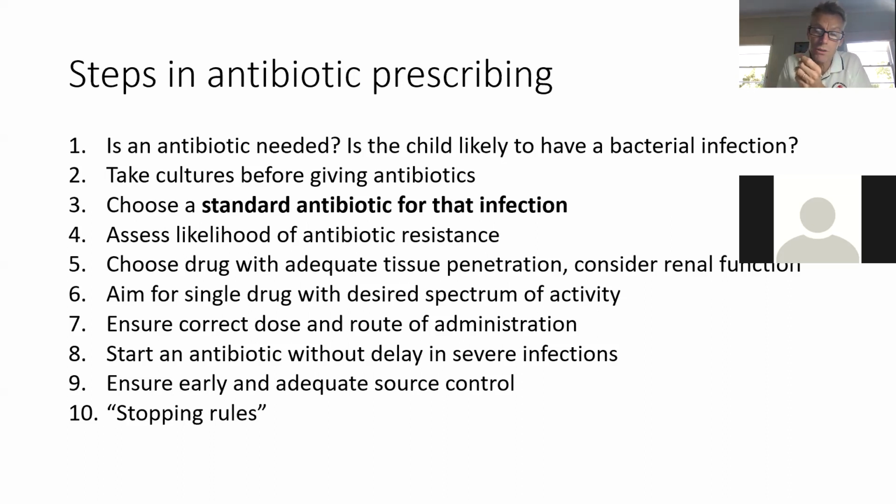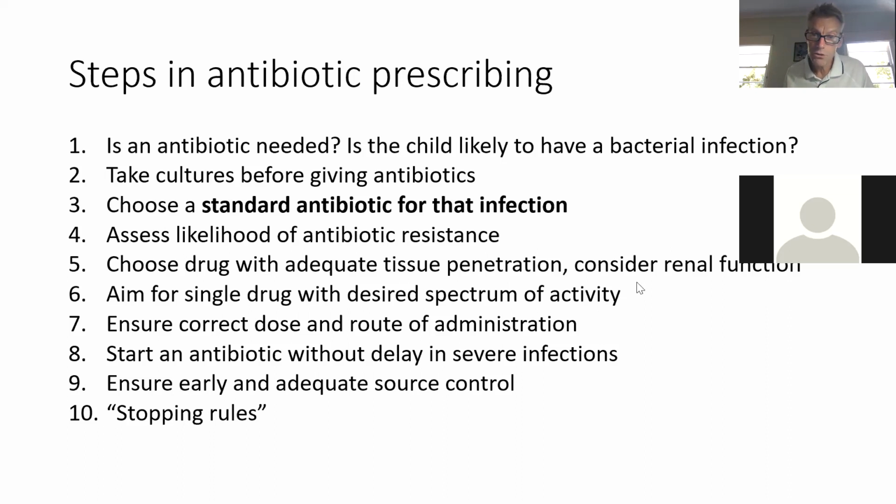Sometimes you can get a good idea of that by the risk factors for antibiotic resistance, which we'll talk about. You should choose a drug that has adequate tissue penetration. Mostly standard treatment gives us the right antibiotic to choose, but for some infections, we need to be clear that the antibiotic is going to get to the tissue where there's an infection. I'll talk a bit about that in a moment.